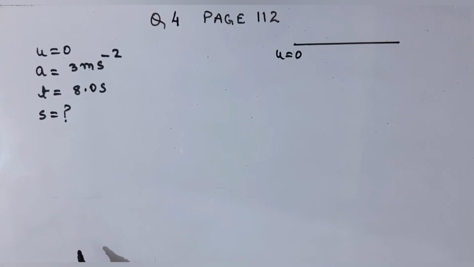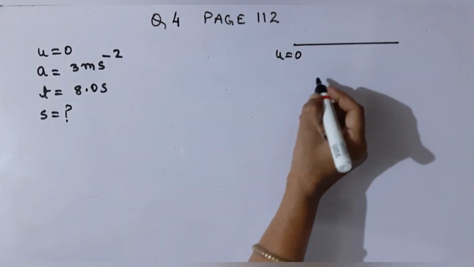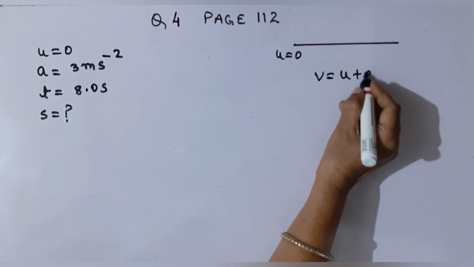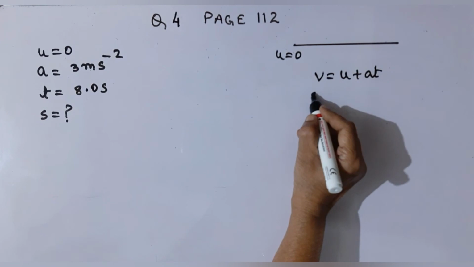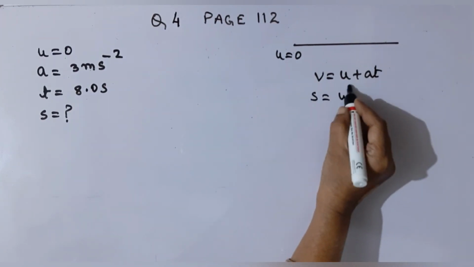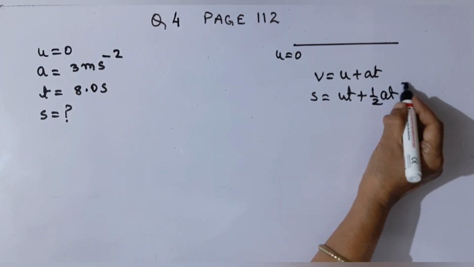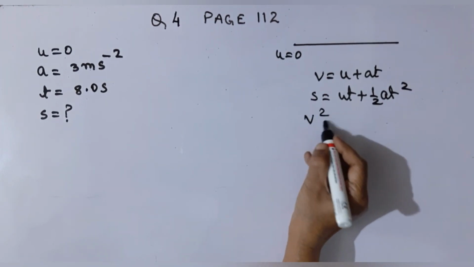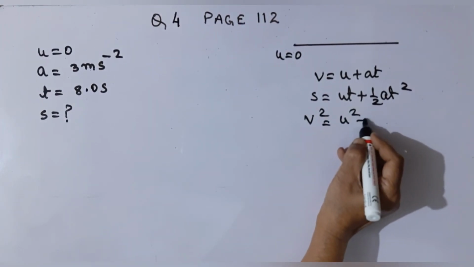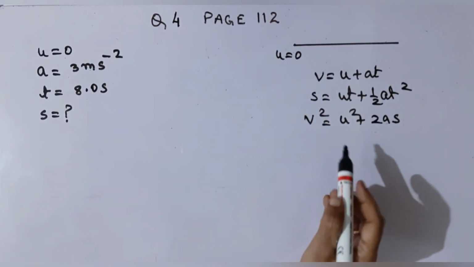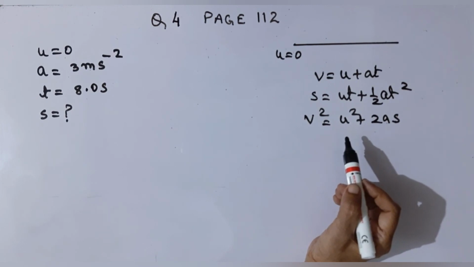Now, we know that there are 3 equations of motion. These are v is equal to u plus at, s is equal to ut plus half at square, and v square is equal to u square plus 2as. The question is, which equation we have to use?